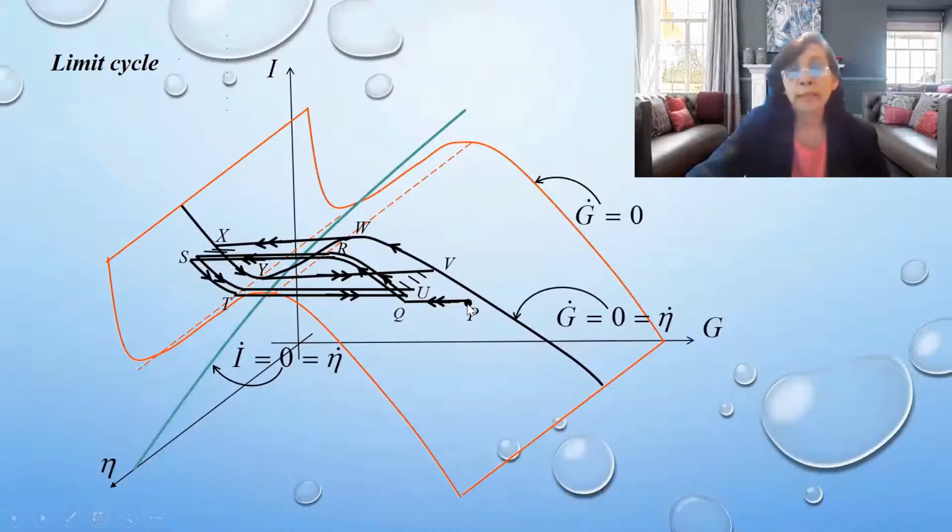Suppose we start at a generic point P. Here we'll find that the derivative of G is negative. Therefore, a transition at fast speed will be made in the direction of decreasing G until the point Q is reached on the fast manifold.